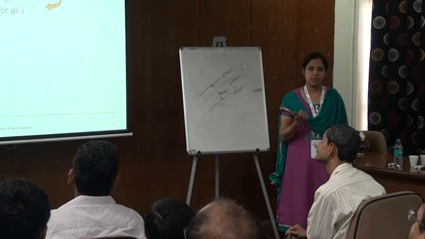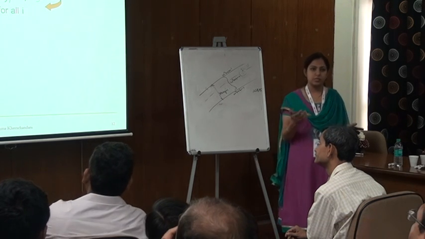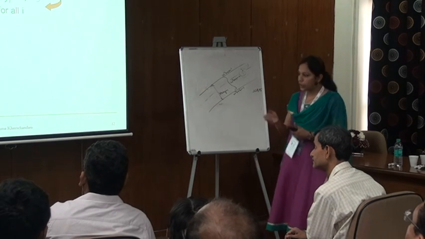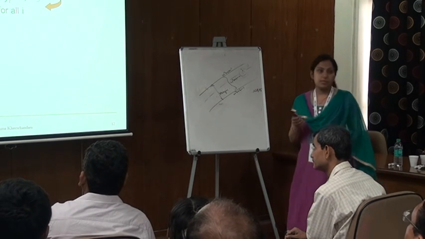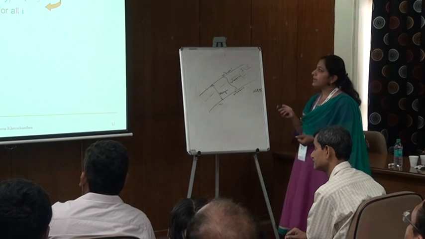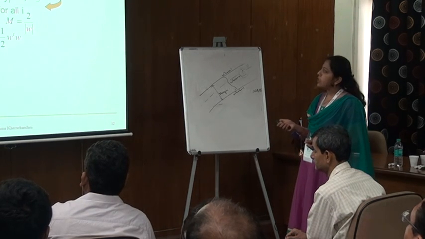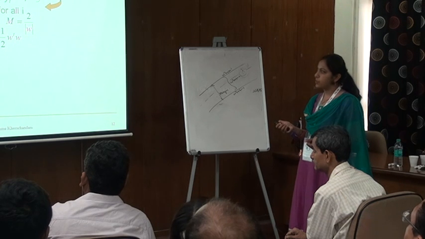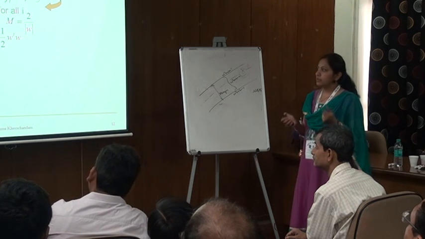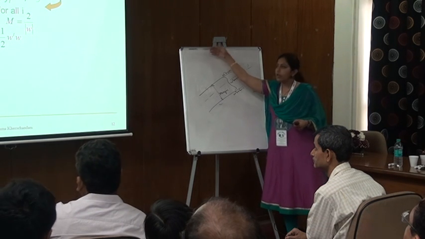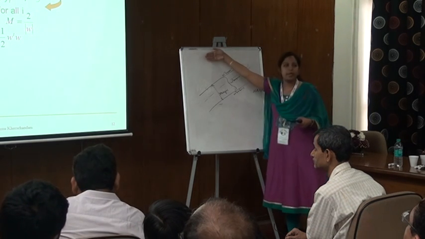Now the constraints. You would like the classes to be correctly classified with the help of these parallel hyperplanes. Since this is supervised learning, you have the class labels beforehand. The patterns for which the class label is 1 should lie on this side of the hyperplane, so W transpose X plus B should be greater than or equal to 1.